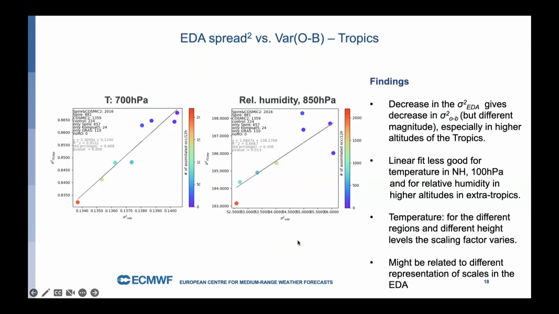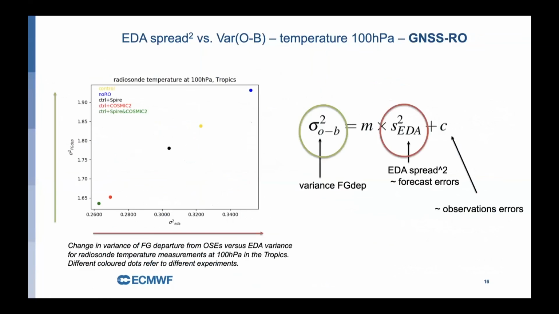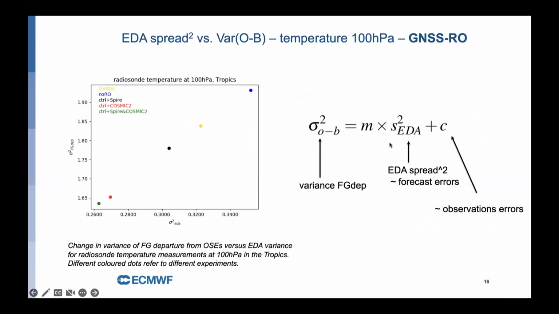Well, what we compare here is the EDA spread, or the variance in EDA, of relative humidity with the O minus B statistics in relative humidity. So according to this equation here, there should be a linear relationship if all the other assumptions are met: if there's no correlation between sigma O and sigma B, if the perturbations are realistically added and so on.